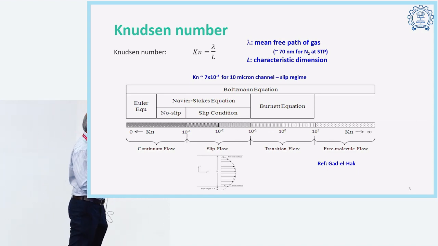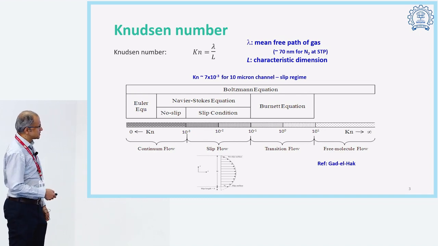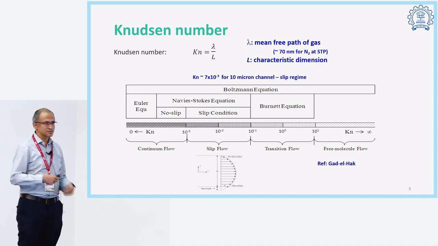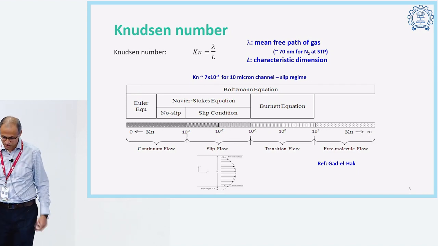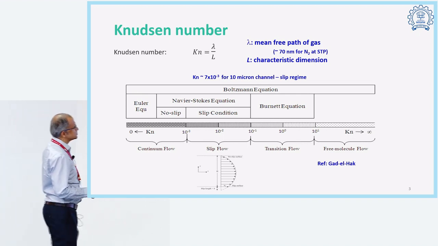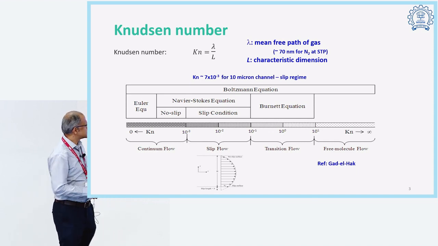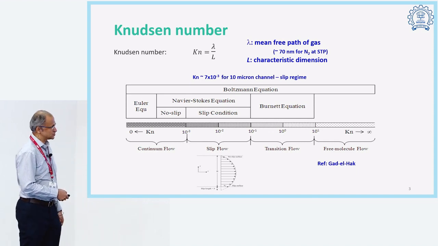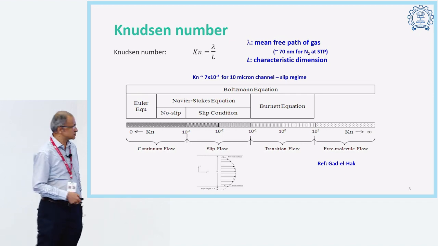In conventional problems, we don't bring in this Knudsen number because it is supposed to be very small, smaller than 10 to the power of minus 3. But once you start increasing the Knudsen number, either by increasing the mean free path of the gas by reducing the pressure, so that molecules of the gas are now far apart, or by reducing the length scale, which is when you go to microscale flows, then you start getting into the slip flow regime. And of course, you can go further into the transition regime and the free molecular regime.